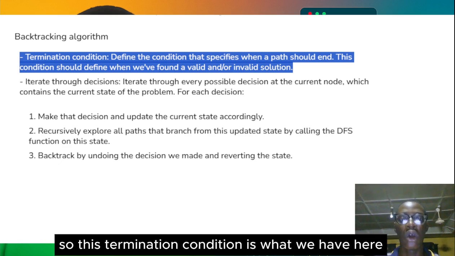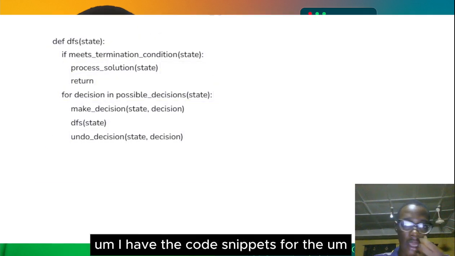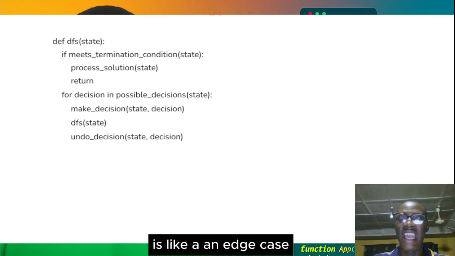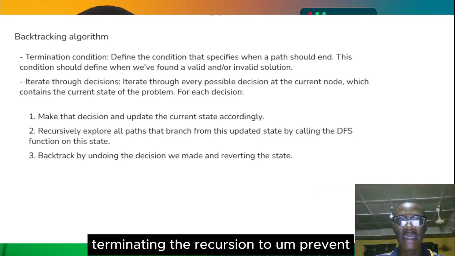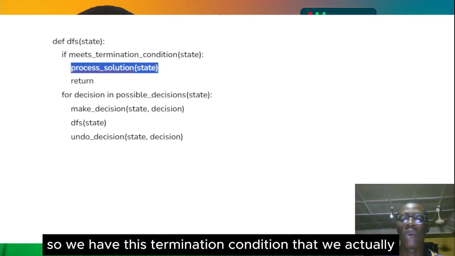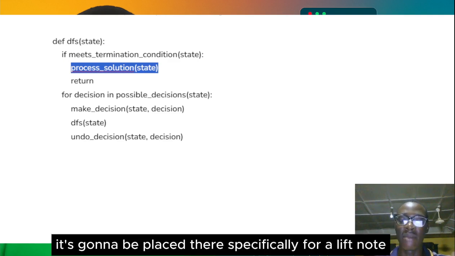invalid solution. This termination condition is what we have here, because I have the code snippets for the backtracking algorithm. It's an edge case, or the base case. It's just a way of terminating the recursion to prevent an infinite loop, right? This termination condition is placed specifically for a leaf node.